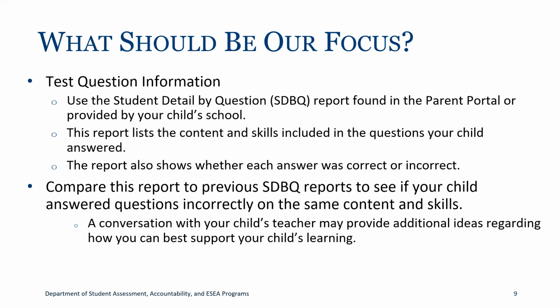It also shows whether the answer was correct or incorrect. You can look at the reports from fall, winter, and spring and compare them to determine how much your child progressed throughout the school year. Did your child have incorrect answers on the same content and skills on all 3 tests? Having a conversation with your child's teacher may provide additional ideas about how you can best support your child's learning.